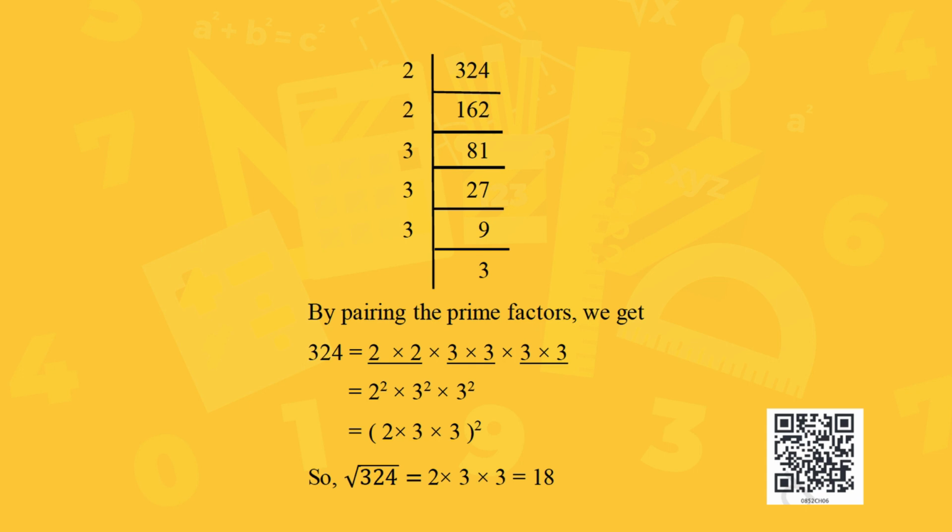Now, let us try to look at them in pairs. Observe clearly, the first two 2's we will write as 2 square, multiplied with the next 3 times 3 which we will write as 3 square, and the last 3 multiplied with 3 we will write as 3 square. So, this we can rewrite as 2 times 3 whole square.